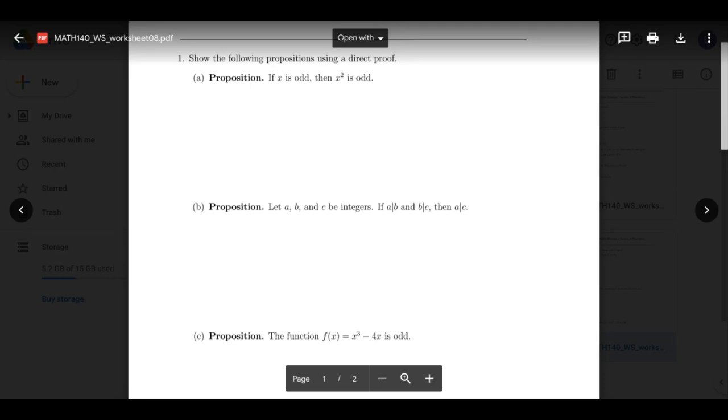Yeah, the if part we always assume. So assume x is odd. You know, if p, then q. The p part is always assumed.